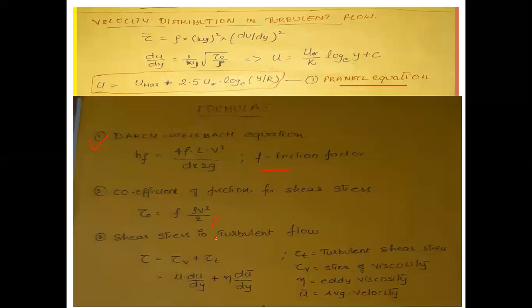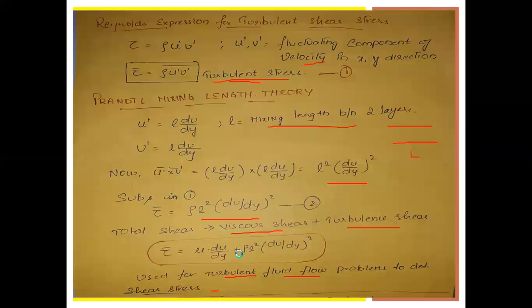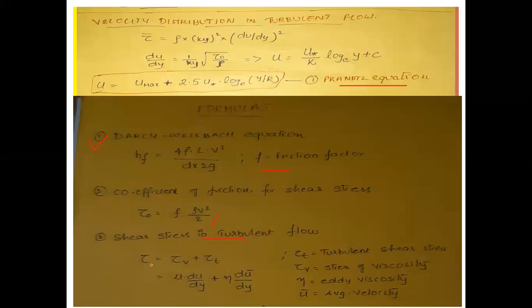Next, the shear stress in the turbulent flow. That implies tau is equal to viscous shear stress plus turbulent shear stress, so mu into du by dy plus rho into eta into du bar by dy.